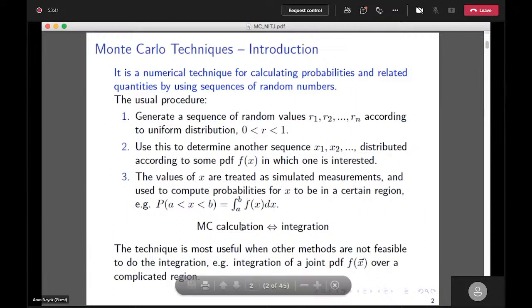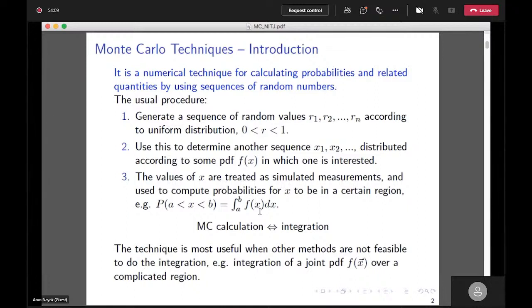So what we are saying is that Monte Carlo calculation is nothing but doing some kind of an integration over this PDF. The random numbers are distributed according to this PDF. This technique is most useful when other methods for doing numerical integrations are not feasible.